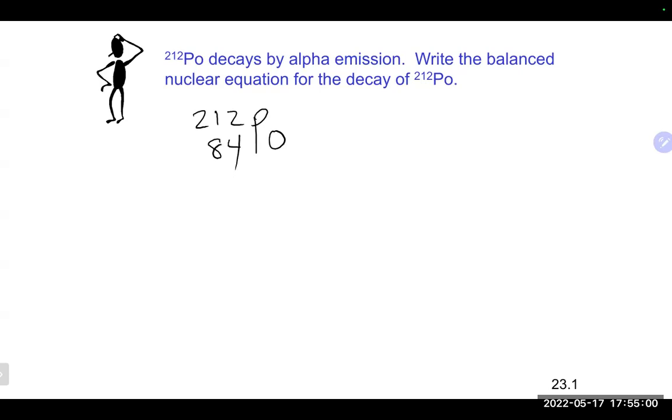It is going to decay by alpha emission. So again, that alpha emission means that on the right-hand side, our product side, I should have my alpha particle, which you could write this way or this way, whichever one you prefer, is all good. And that means we are going to be missing one more thing here to complete the equation.